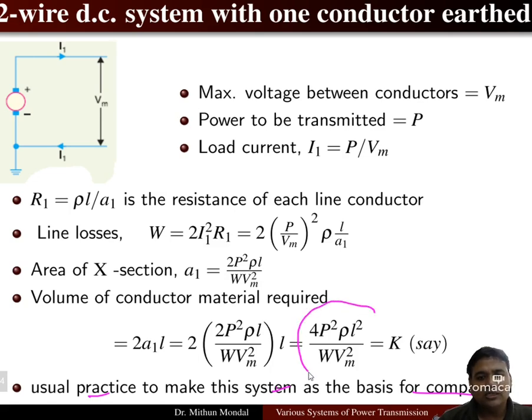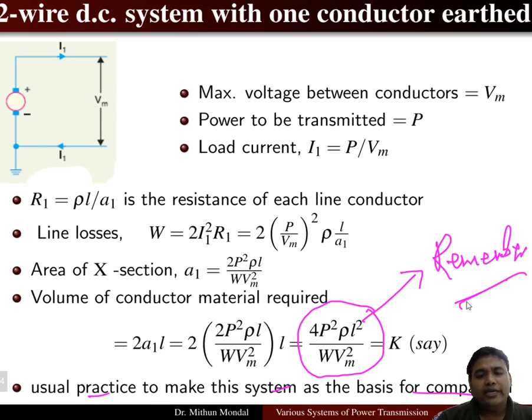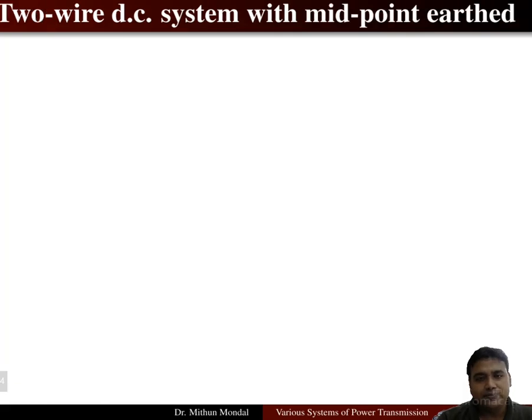So remember this equation for the time being, so that we can make all the other comparisons: 4 into P square rho L square divided by W into Vm square. That is the volume of the conductor material for our first case, the two-wire DC system with one conductor earthed. This will be the basis of the comparison.